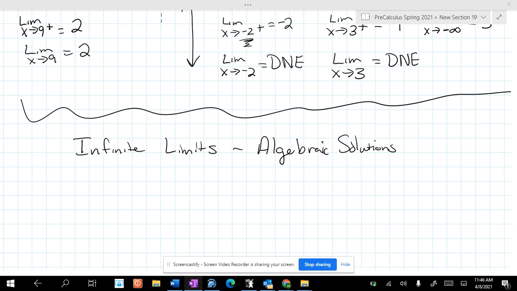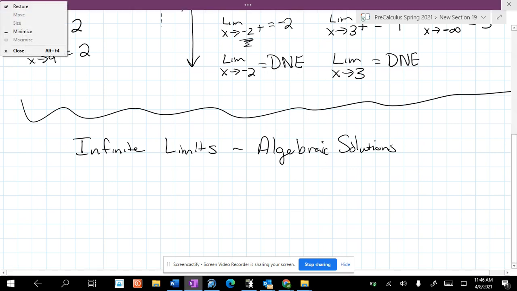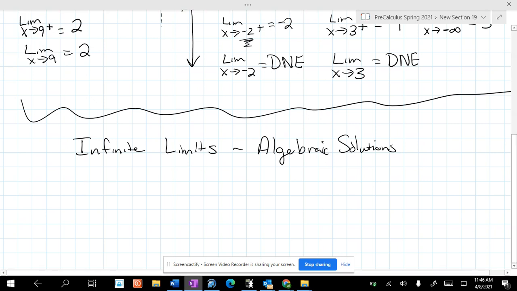As you go towards infinity, so let's say the limit as x approaches infinity of 2x minus 4 over 4x minus 2.